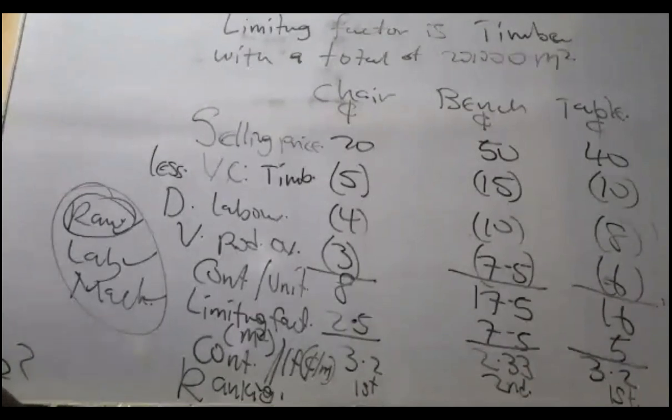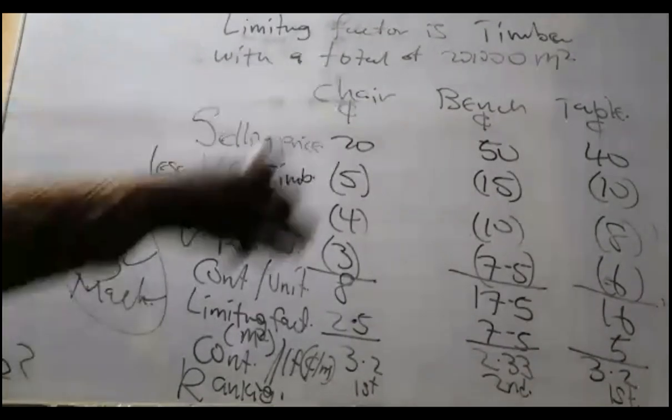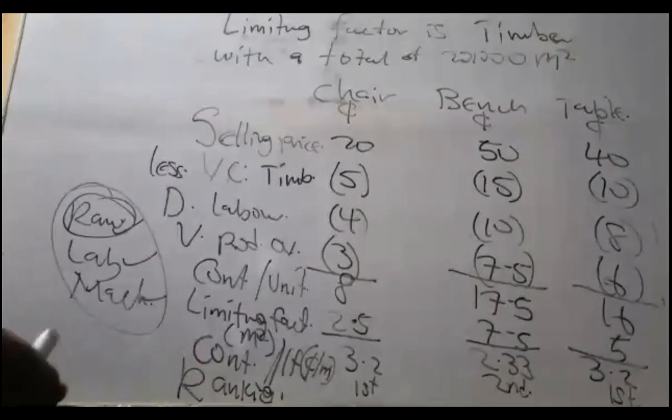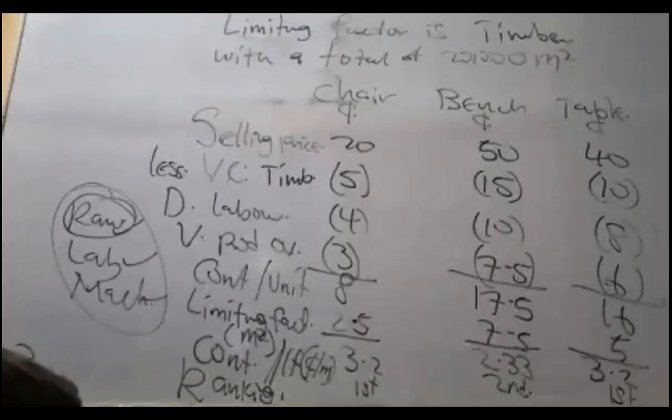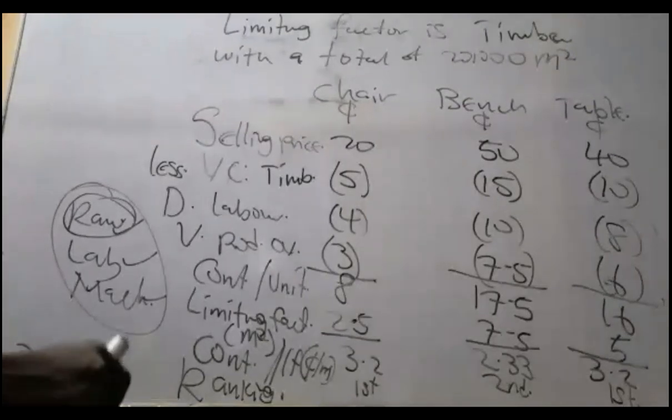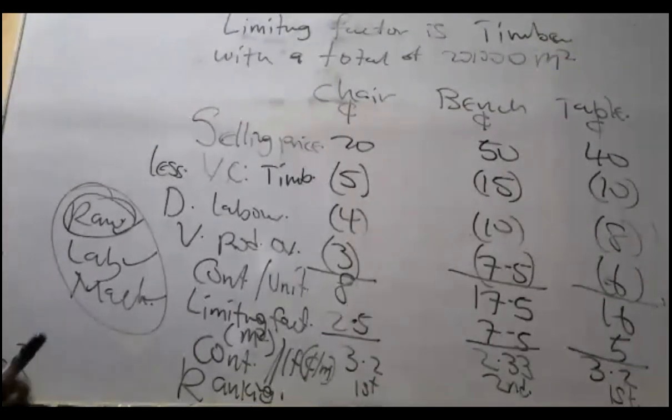If some of the resources are there, then they should extend it to bench. That is the implication, and that is the game. Good. So that is it. You realize that it is double, double, double.